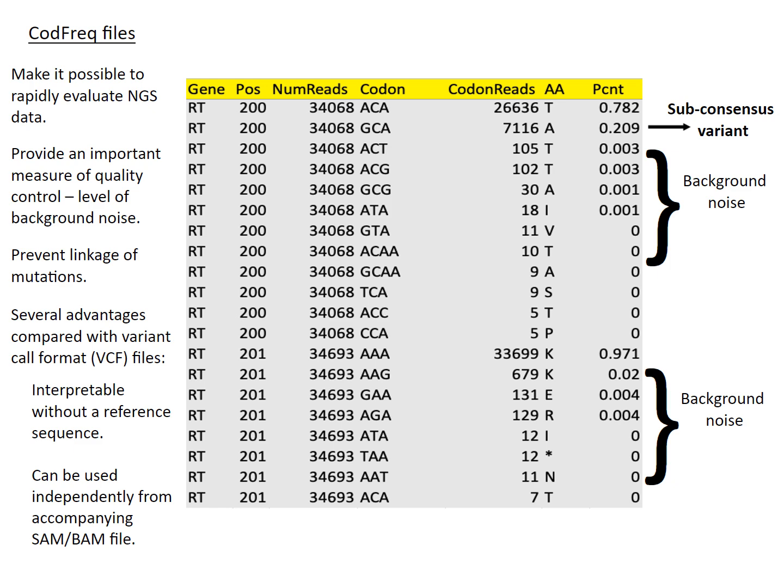CodeFreq files have two advantages over the established variant call format or VCF files. They are interpretable without a reference sequence, and they can be used independently from an accompanying SAM or BAM file.